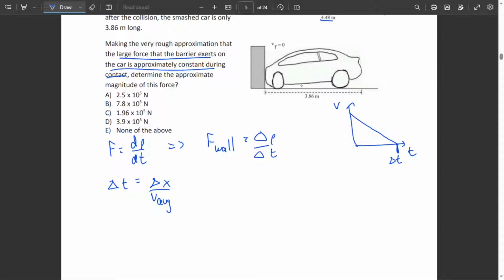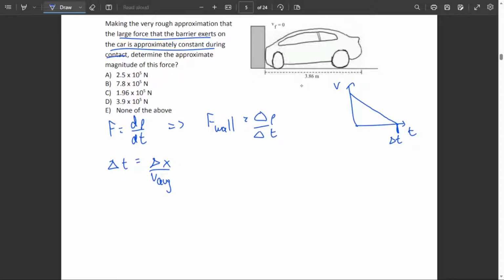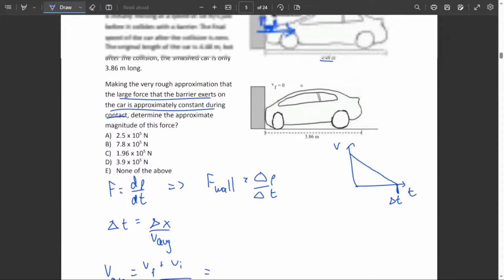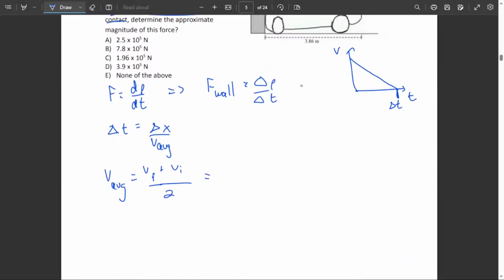That's where we're going to get our change in time. To calculate our average speed, we're just going to average the initial and final velocities. The final velocity is 0. The initial velocity is 18. So the average velocity is 9.